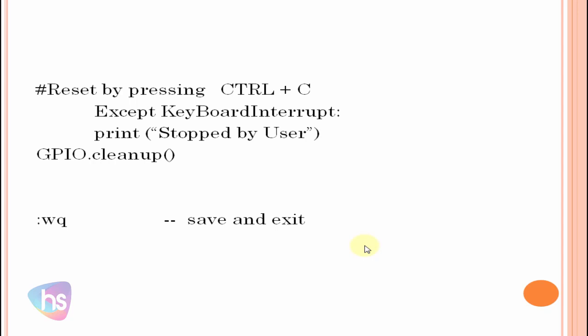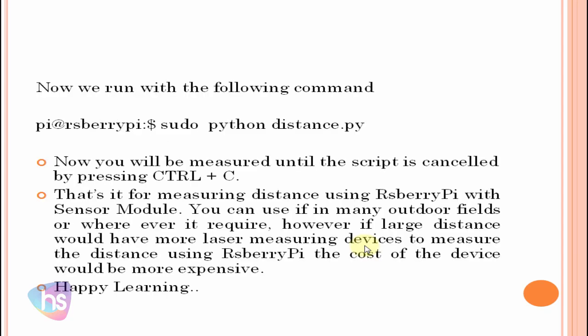Here I am using the VI editor, hence the command :wq is save and exit. Now we run it on the Raspberry Pi with the command sudo python distance.py. The distance.py is the file you created, and the extension py indicates Python language. You need to run this command to execute.